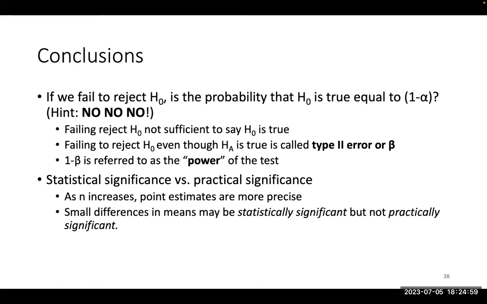Statistical significance versus practical significance, that is important, because when the n increases, you will be more likely to have significant results. So if you study a lot of patients or a lot of individuals, you're very likely to see a significant p-value. And that's a problem, because that doesn't necessarily mean it's really practically useful.